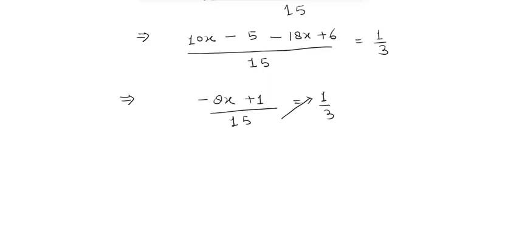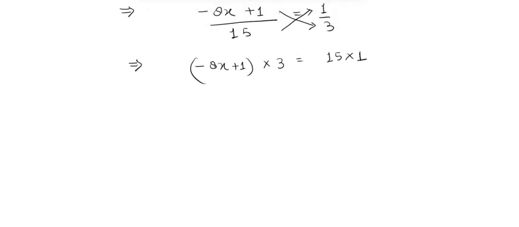So cross multiply, we will get (minus 8x plus 1) multiply 3 is equal to 15 multiply 1.